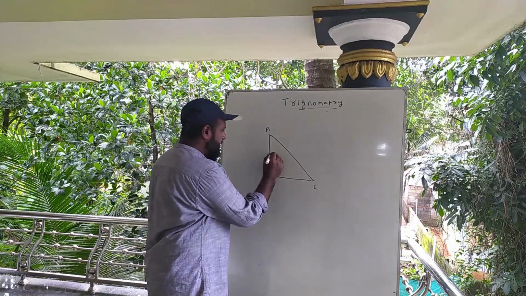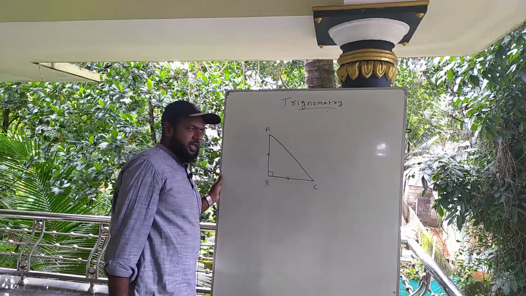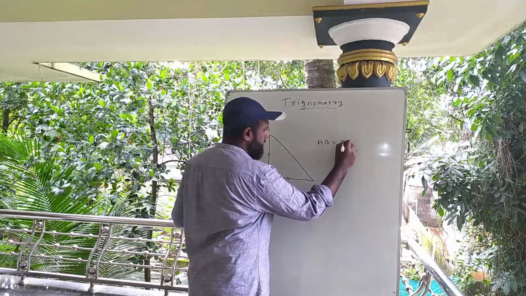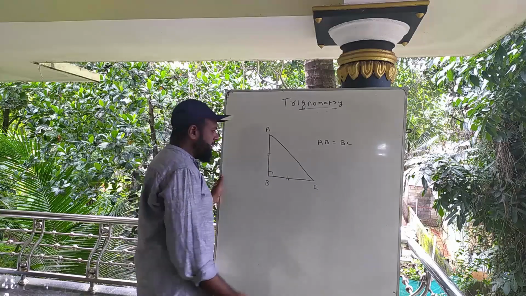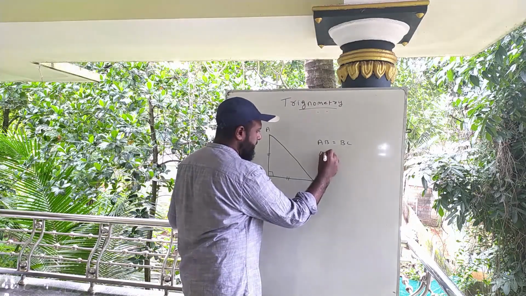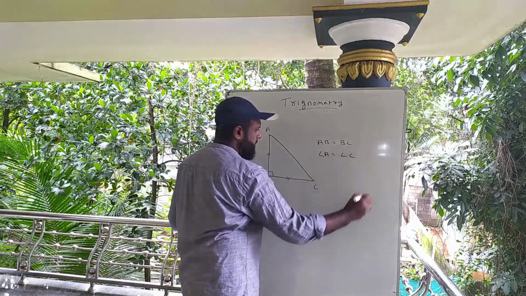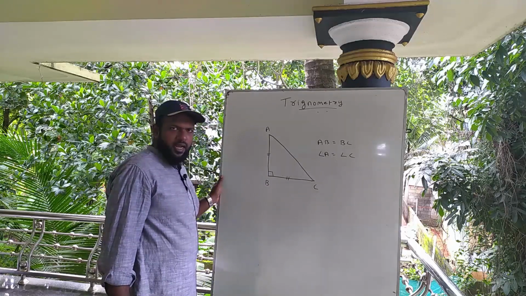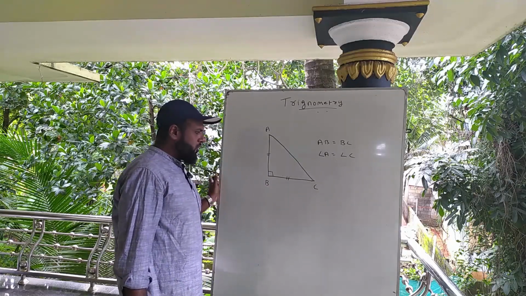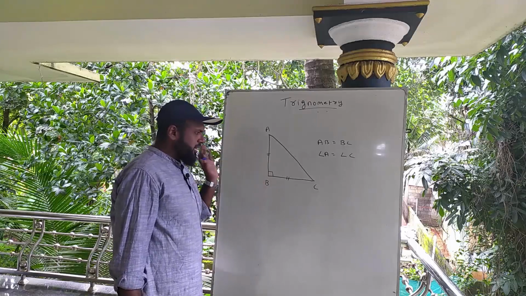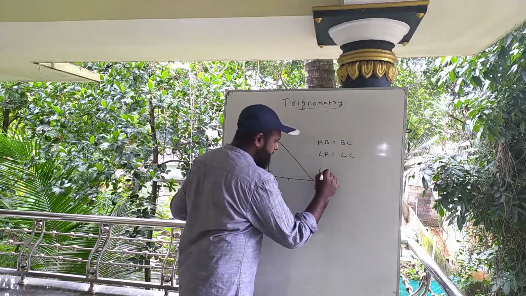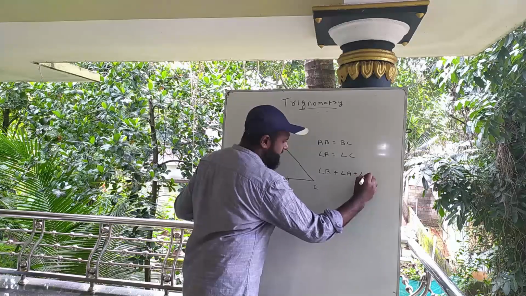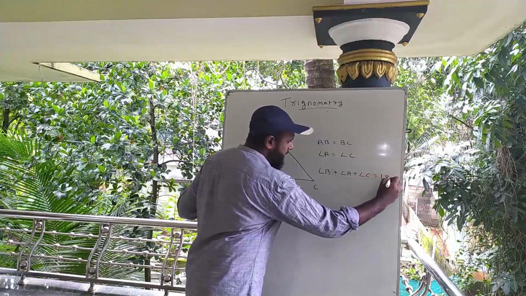Here AB equal to BC, and angle A equal to angle C. Here angle B is 90 degree and the sum of the angles of a triangle is 180 degree. So angle B plus angle A plus angle C equal to 180 degree.